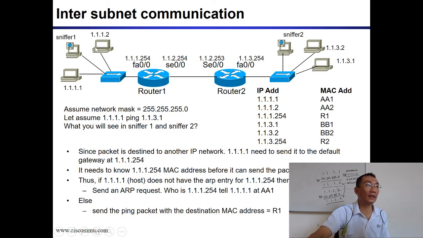So let's say you put a sniffer here and you put a sniffer here, and you want to ping from this one, 1.1.1, to 1.1.3.2 in a different network.